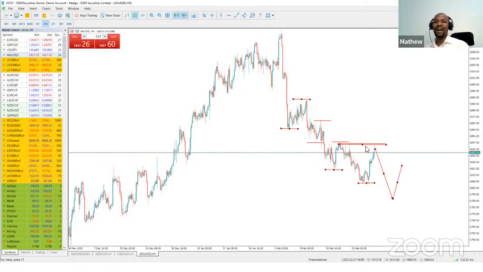So if we have this one broken, then that's when we start thinking of what's likely to happen, right? If it doesn't, then of course we keep on with this channel, trading within the channel.